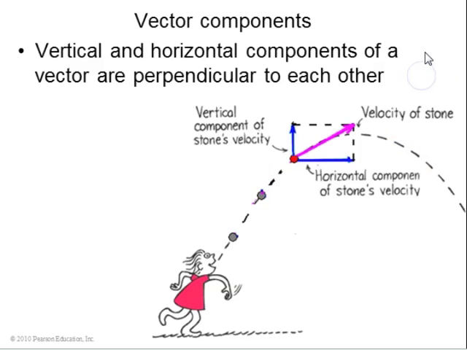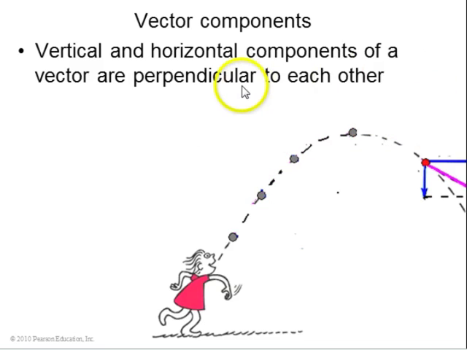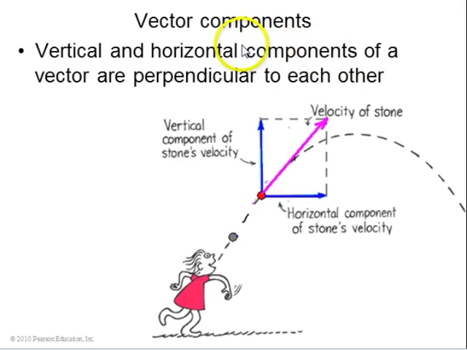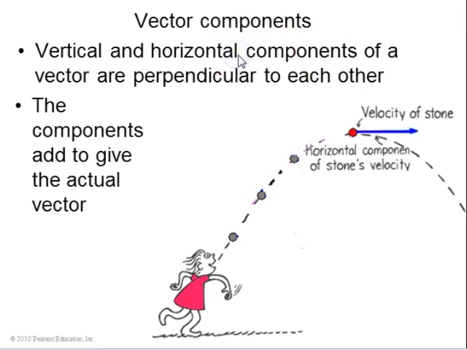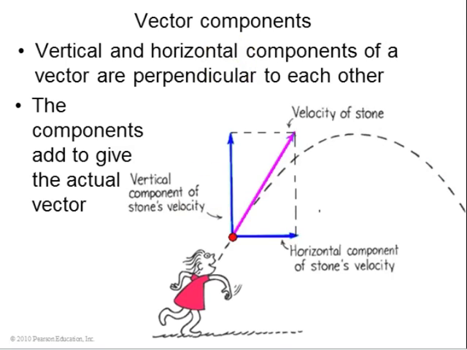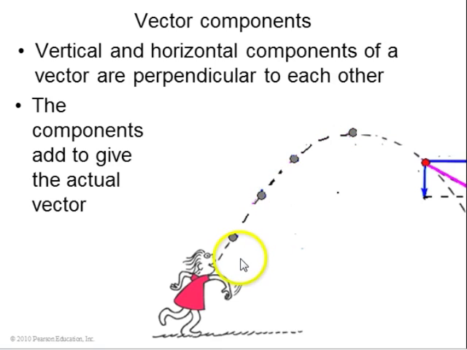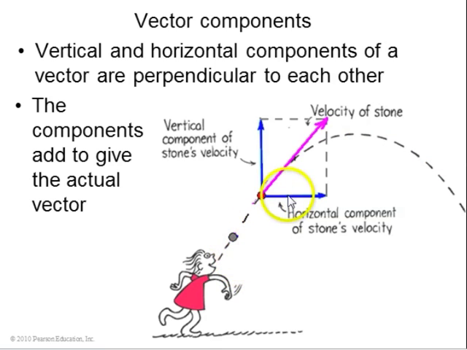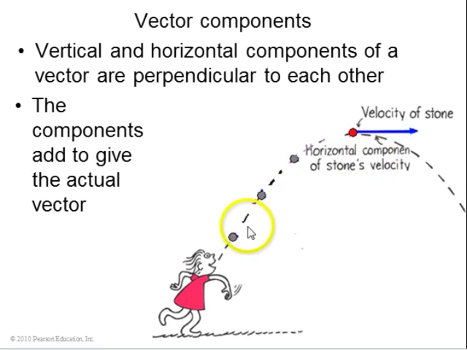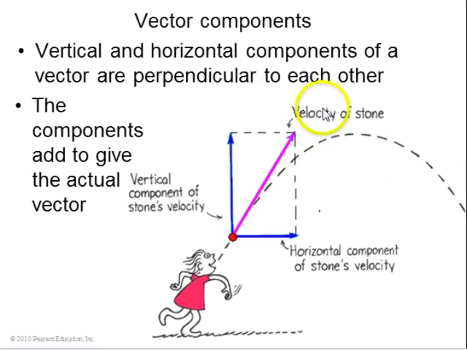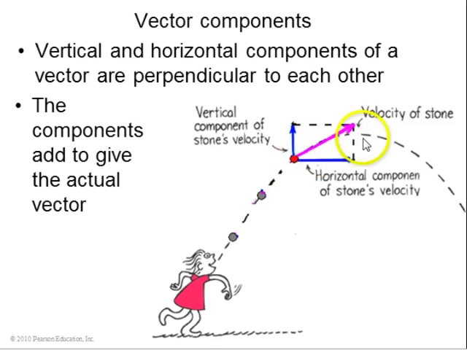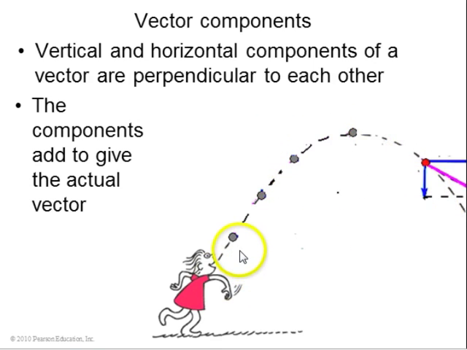So vectors have components. Vertical and horizontal components of a vector are perpendicular to each other, and the components add to give the actual vector. Here's an example of a ball in projectile motion. What happens here is that the velocity, which is this magenta vector, is changing as the ball is moving.